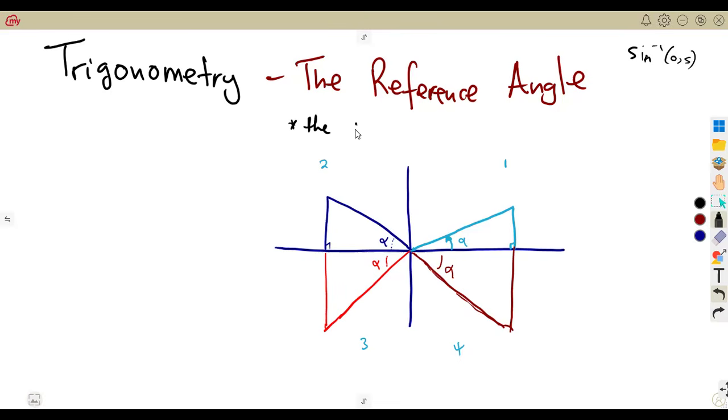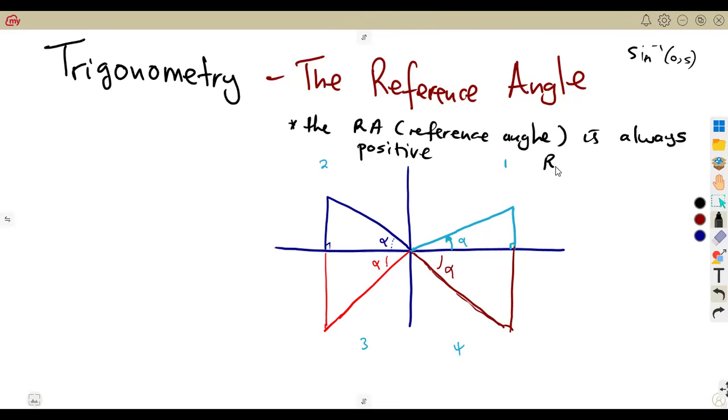The reference angle, RA in short. Okay, let me just write in full. The reference angle is always positive. If it is always positive, that means our reference angle is an acute angle, always positive and acute.